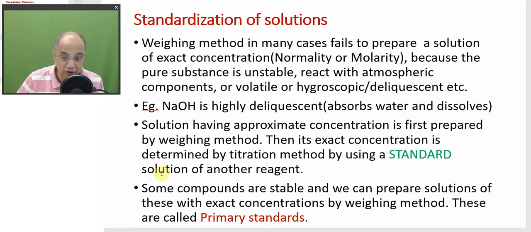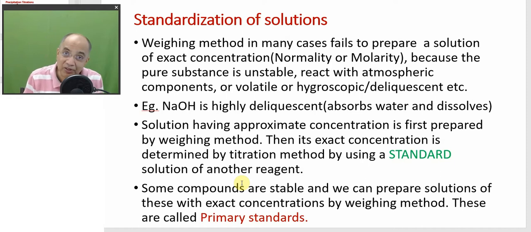So let me read out. Solution having approximate concentration is first prepared by weighing method. Then its exact concentration is determined by titration method by using a standard solution of another reagent. Now, what is that standard reagent which you can prepare by weighing method?